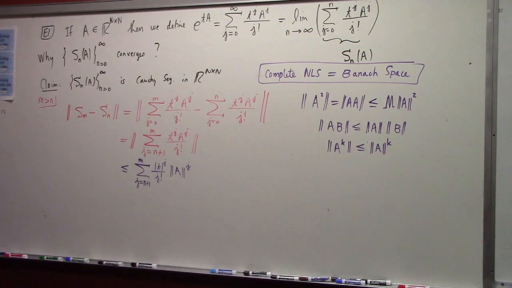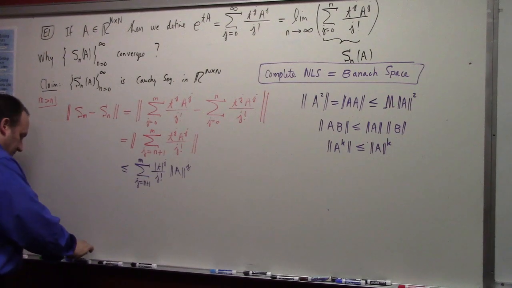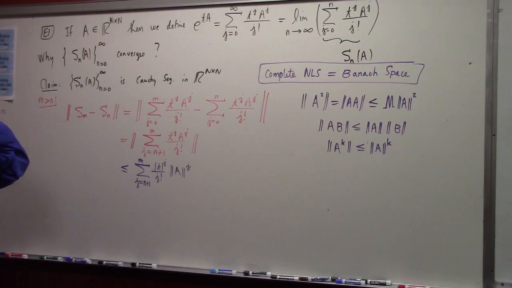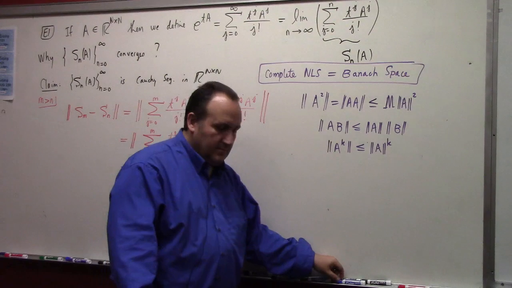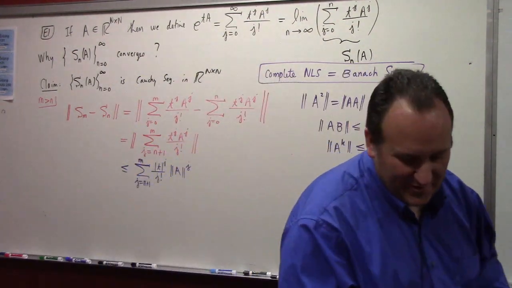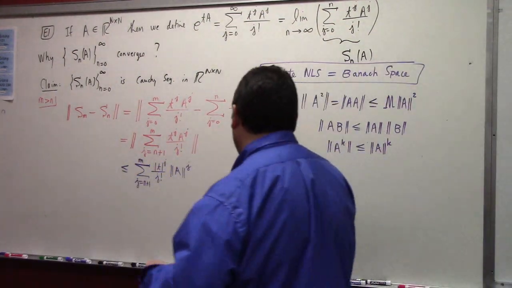Are you with me? So this is nice. Can we control it? The question then is, what are we looking at? What is that in purple that I just wrote? It's related to the real exponential.